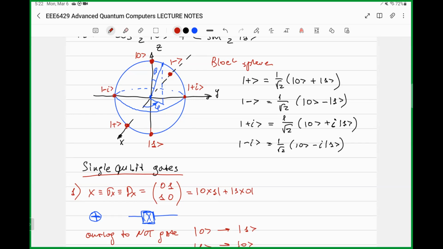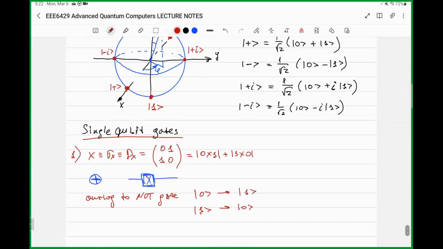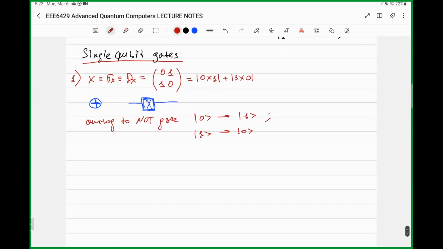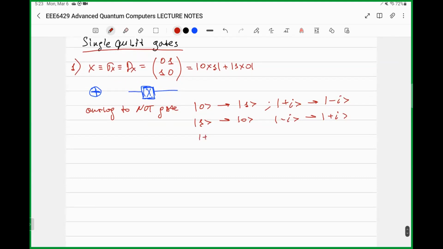But since states plus and minus are located on the axis x, they don't change after application of this gate.